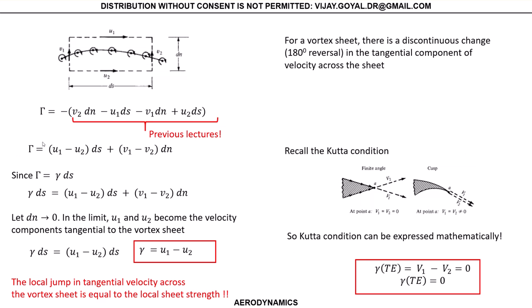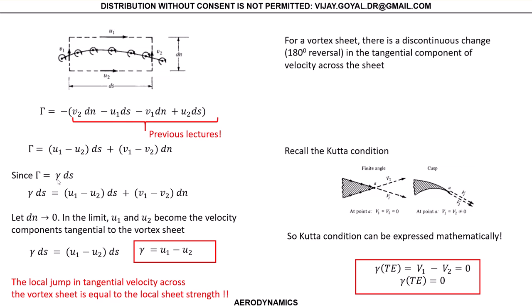One more thing to remember: we can find the circulation across this by taking the edges out. In the previous lectures, we learned that this is the equation for that. I'm not going to derive that, so this is equal to this.